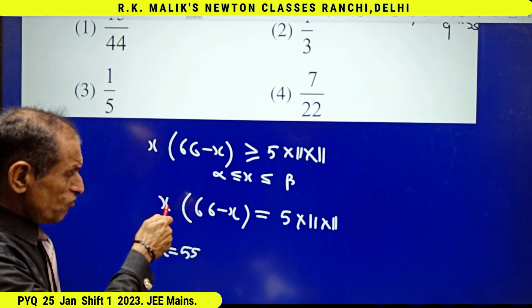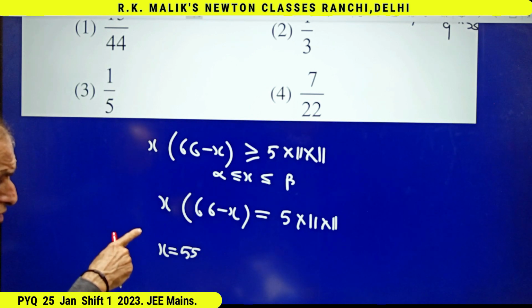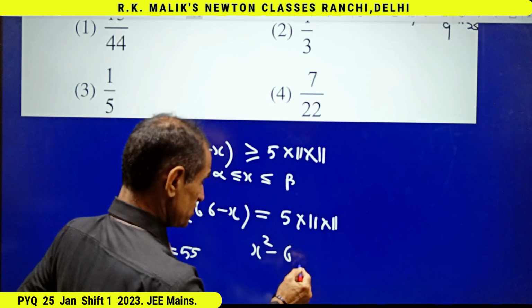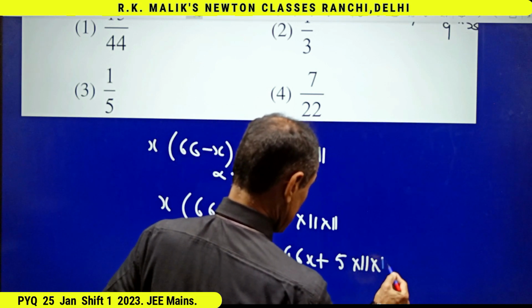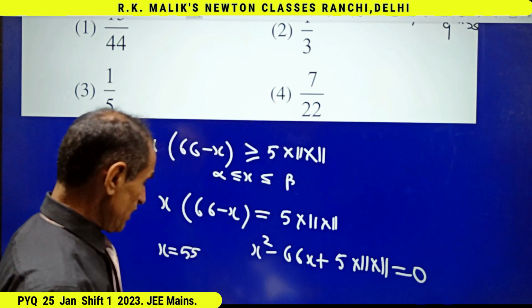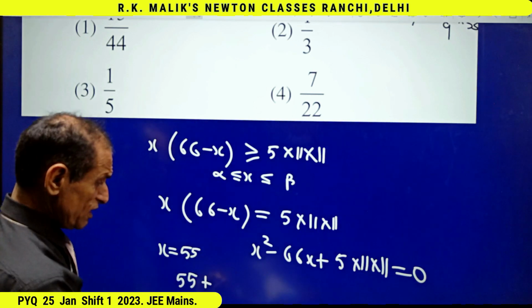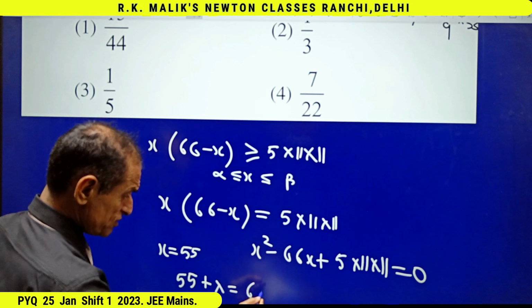And once one of the roots of any quadratic equation is known to you, you can find the other root very easily by using the concept of sum of the roots or product of the roots. If I open this, I will get x² − 66x + 5 × 11 × 11 = 0. Hence, if 55 is one root and the other root is lambda, then the sum will be 66.